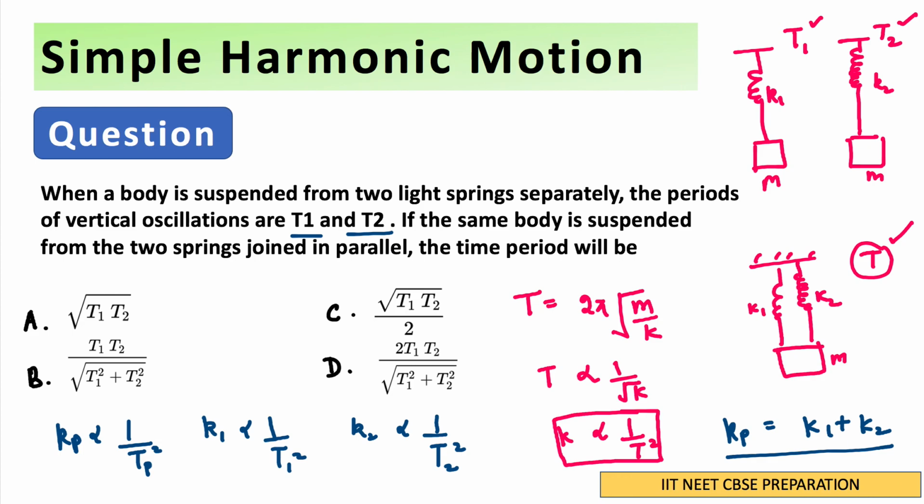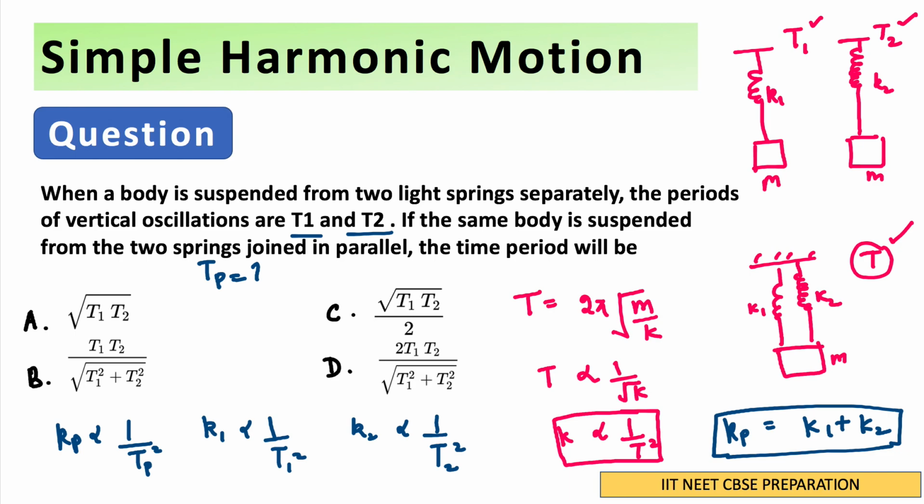Just replace the values in this equation: kp is k1 plus k2. Write it down in terms of Tp, T1 and T2, because we have to find out T parallel.